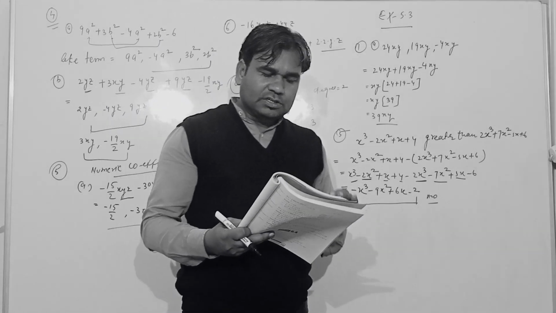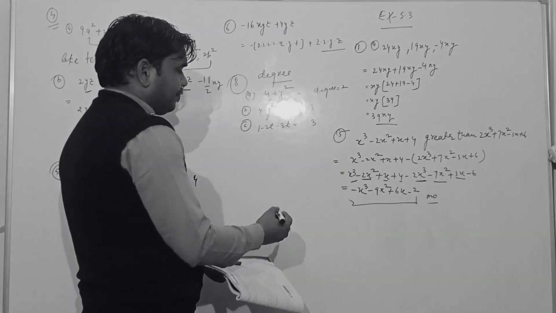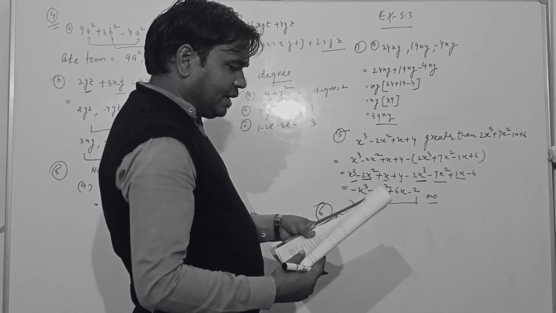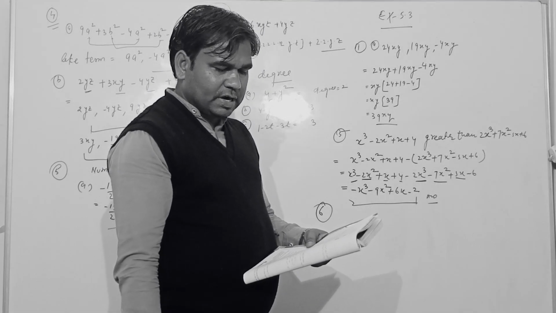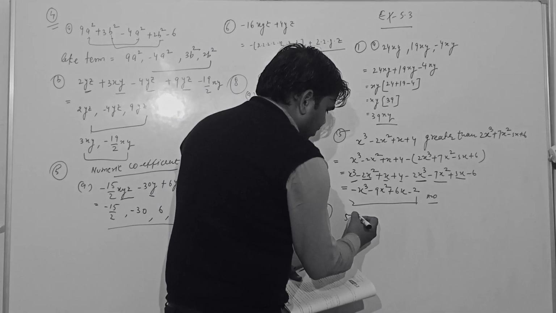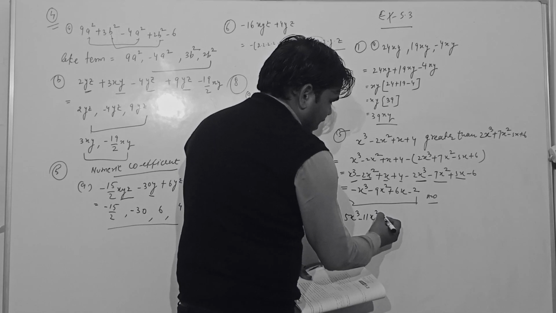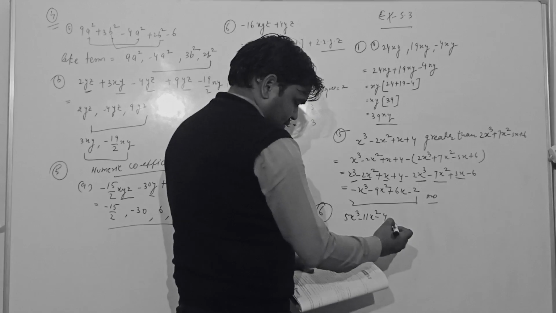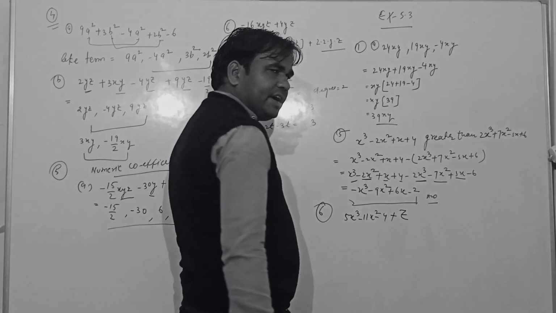In the same way, what should be added? Question number 6 you can also see. Question number C, what should be added to 5x cube minus 11x square minus 4 to get 10x cube minus 4x square plus 6? So 5x cube minus 11x square minus 4, we have to add a number, let us say z.